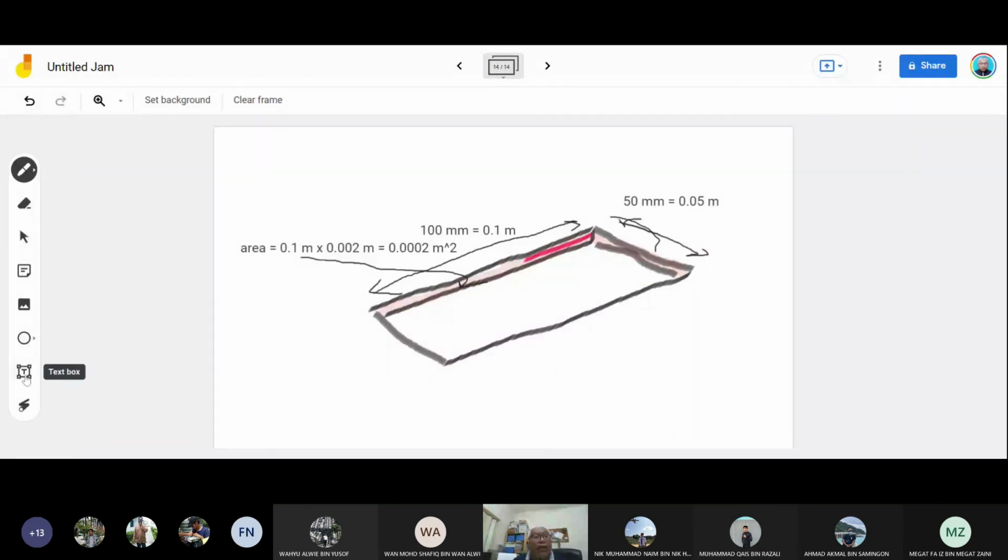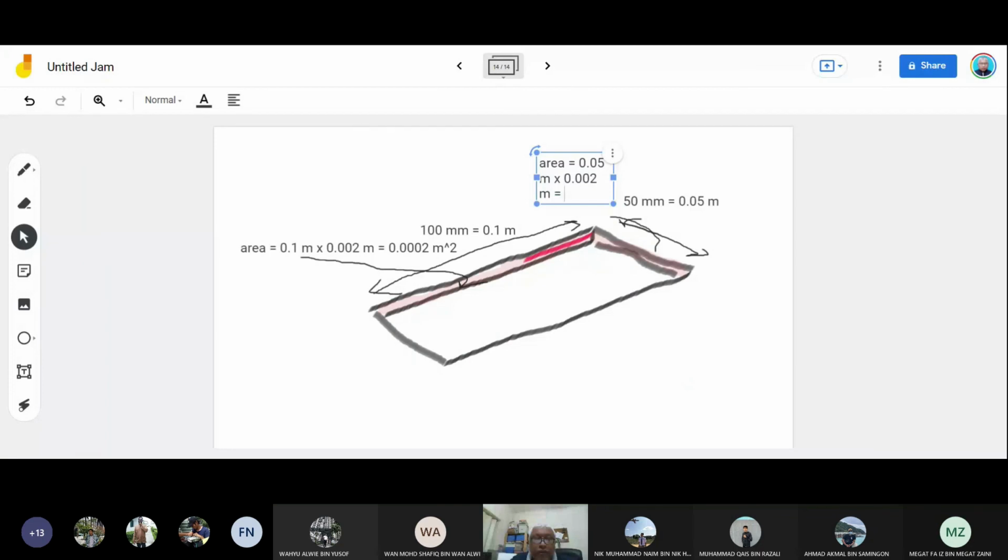On the other side, we have to calculate the area loss. Area equals 0.05 meter times 0.002 meter.